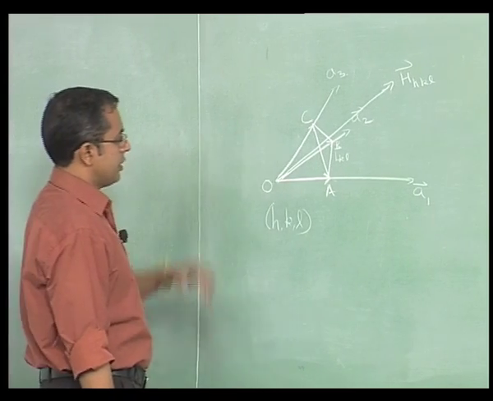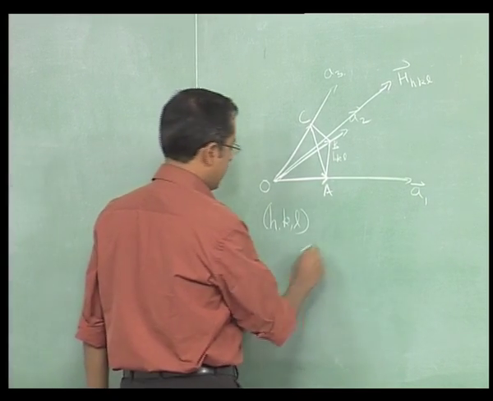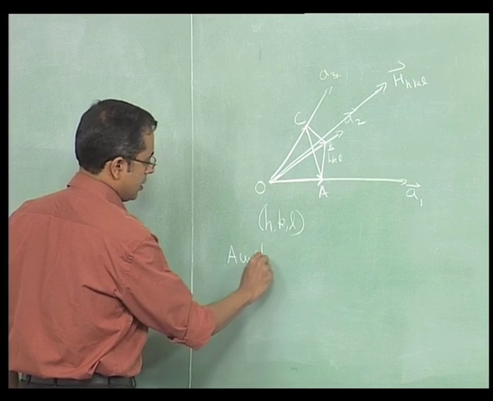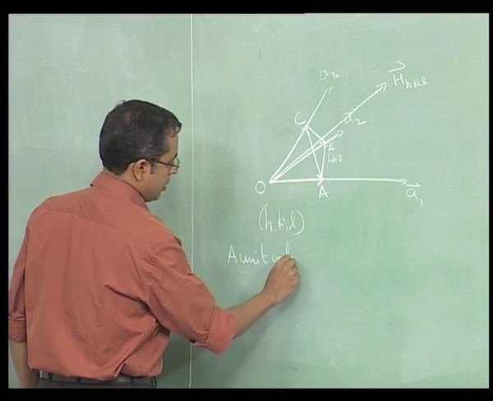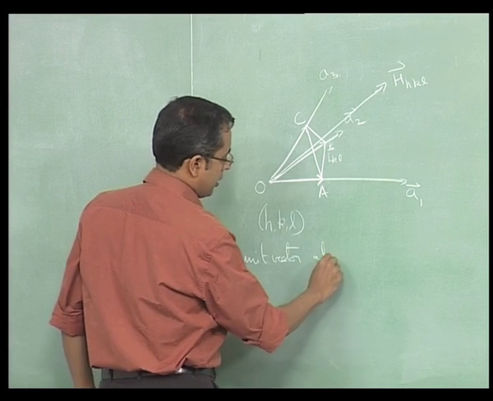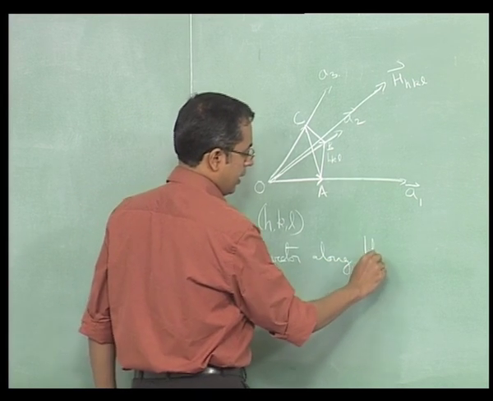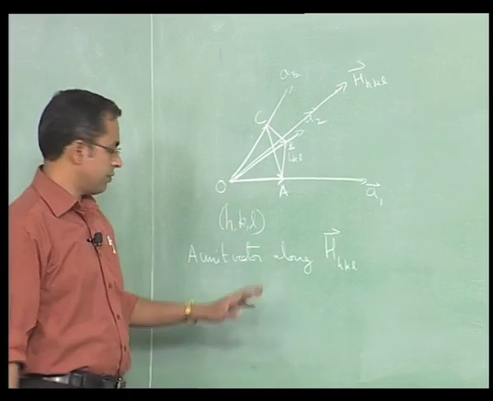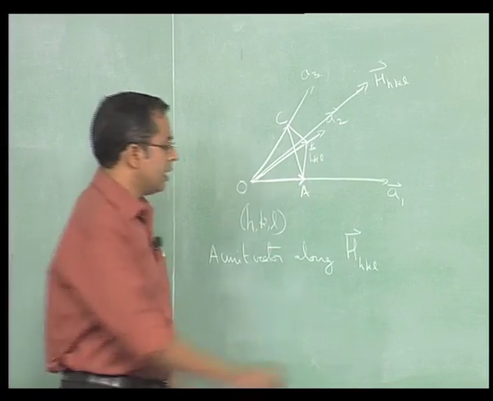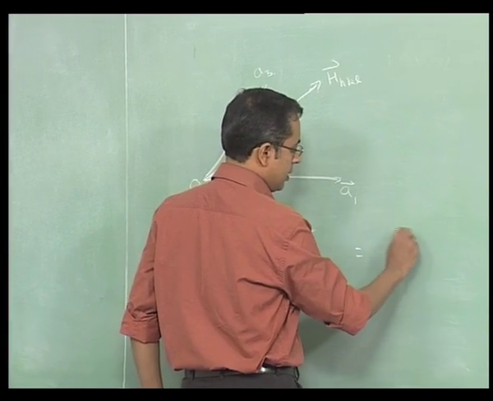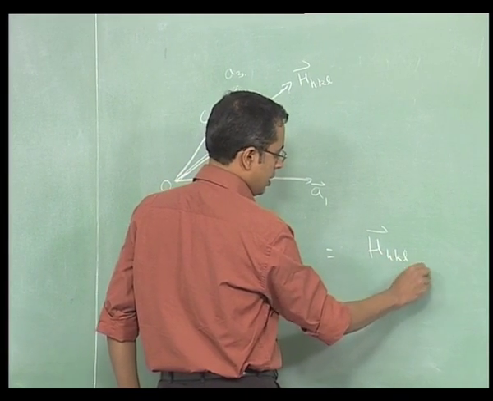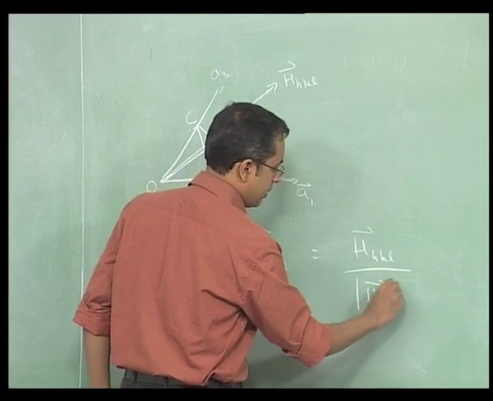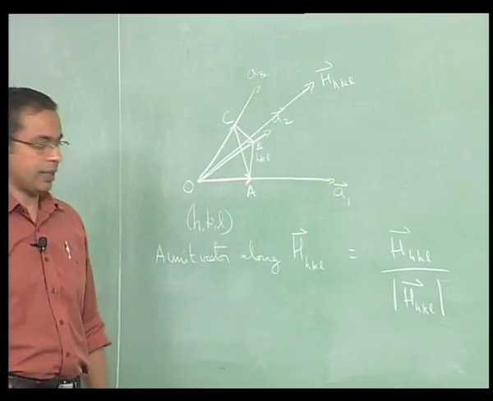We will come back to this figure. Let us first define a unit vector along HHKL, that is simply HHKL divided by the modulus of HHKL.